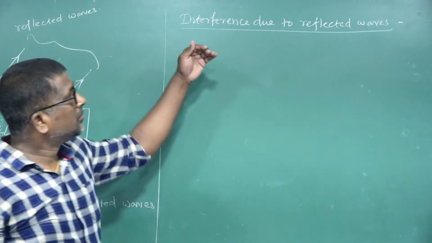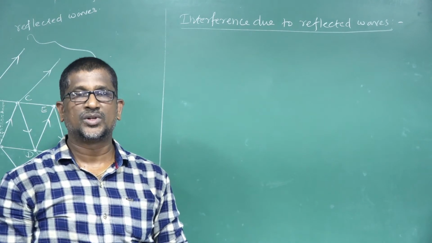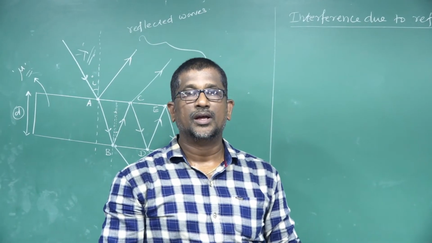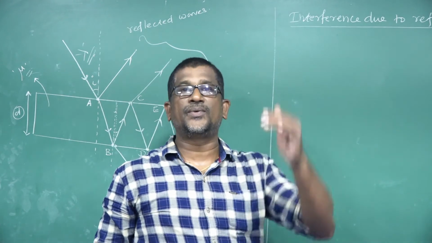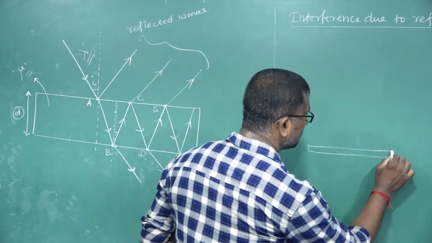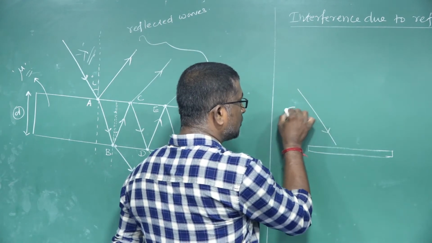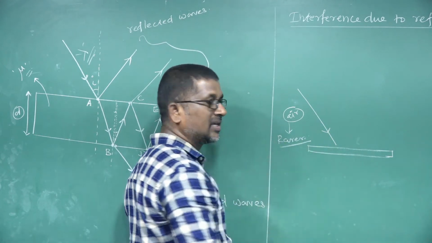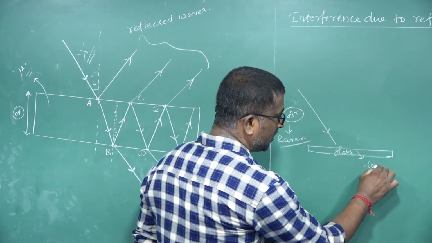Before going to this, we should know one important condition in the topic of interference. If any wave travels in the rarer medium and gets reflected from the surface of the denser medium, suppose this is a glass plate. Light or a wave travels in the air medium; air is the best example of a rarer medium, and glass is one example of a denser medium.